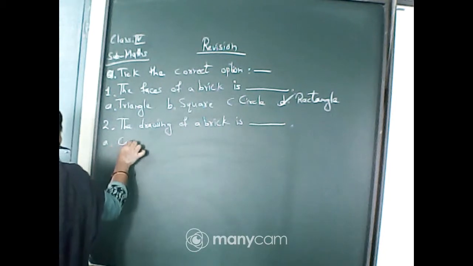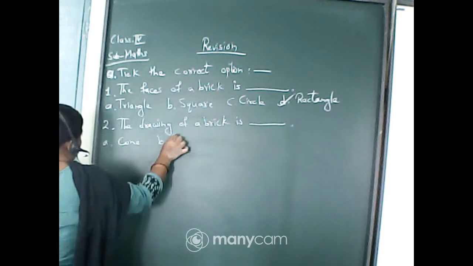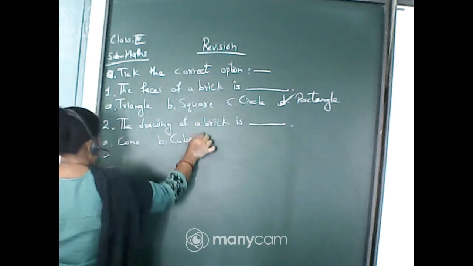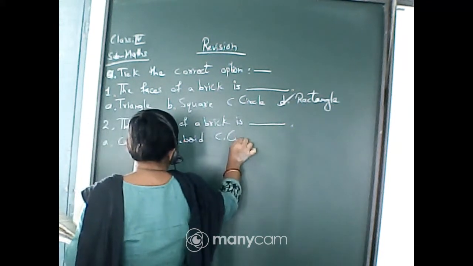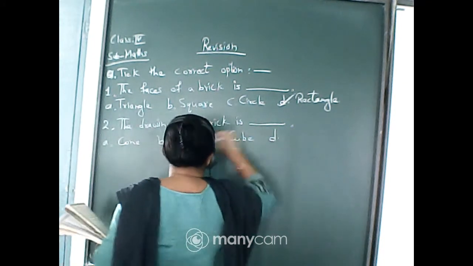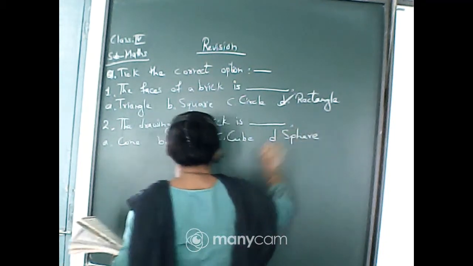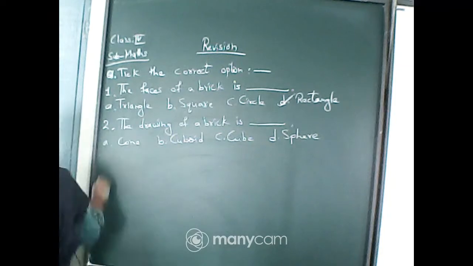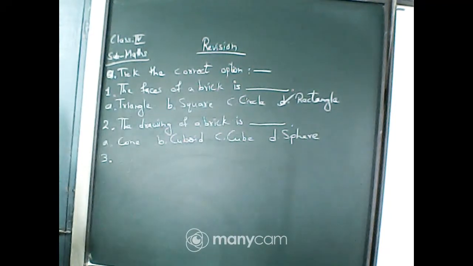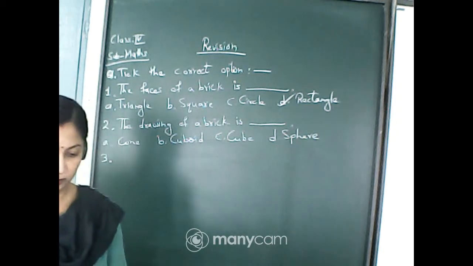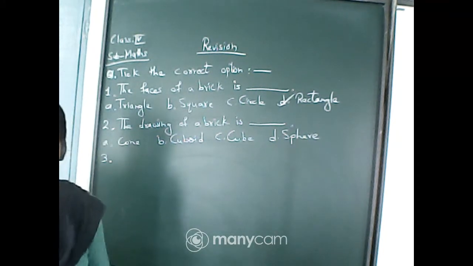Is it a cone, a cuboid, a cube, or a sphere? Cone, cuboid, cube, sphere. Yes, it is cuboid. Write the answer, cuboid, or give a tick mark in cuboid.